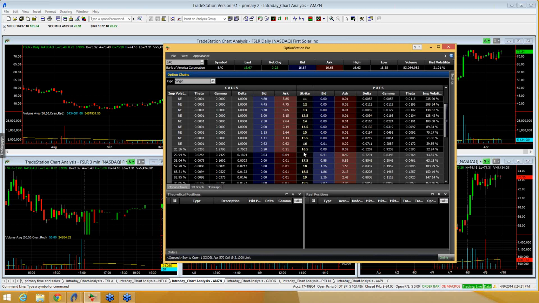So now, instead of only needing Google to move just about 0.4% in order to go in the money on my out of the money call, now I need Bank of America to move 3% in order to go from out of the money to in the money. We'd all agree it's much easier for a stock to move 0.4% than it is 3%.